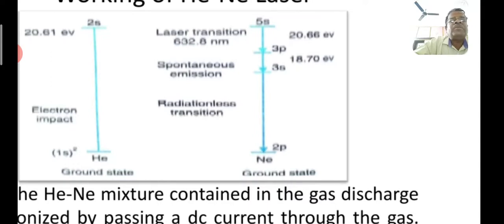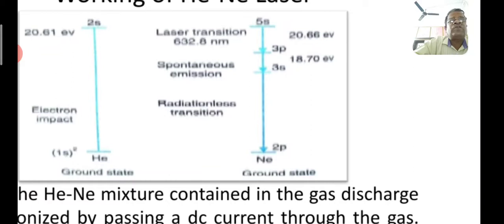Some of the atoms undergo spontaneous emission, emitting photons of 632.8 nanometer. These photons cause stimulated emission in other atoms. As already I told you, one photon causing stimulated emission in one atom produces two identical photons traveling in the same direction.